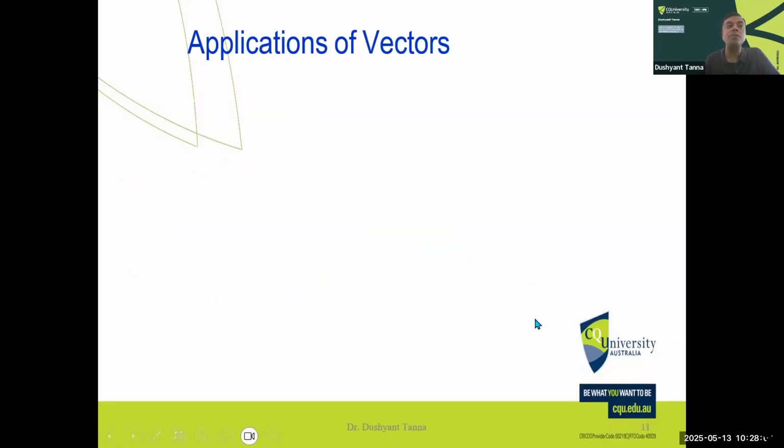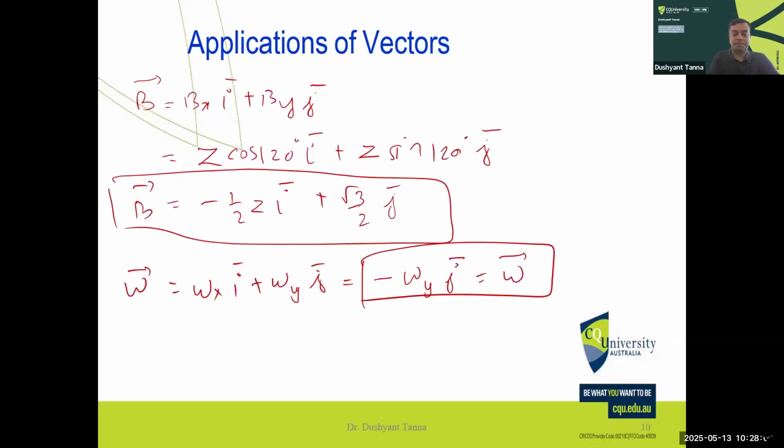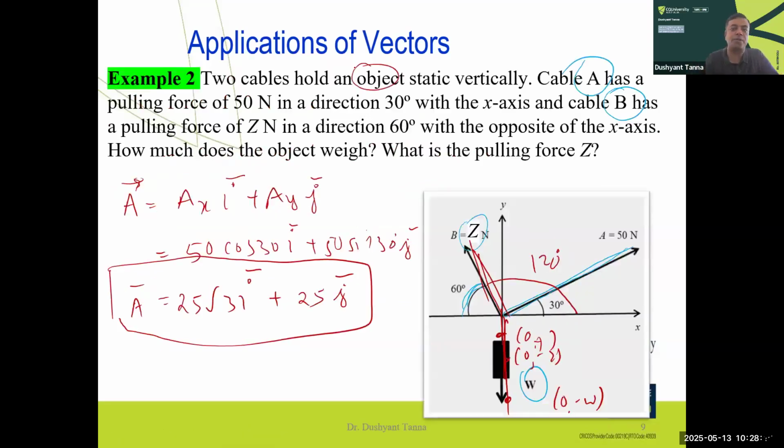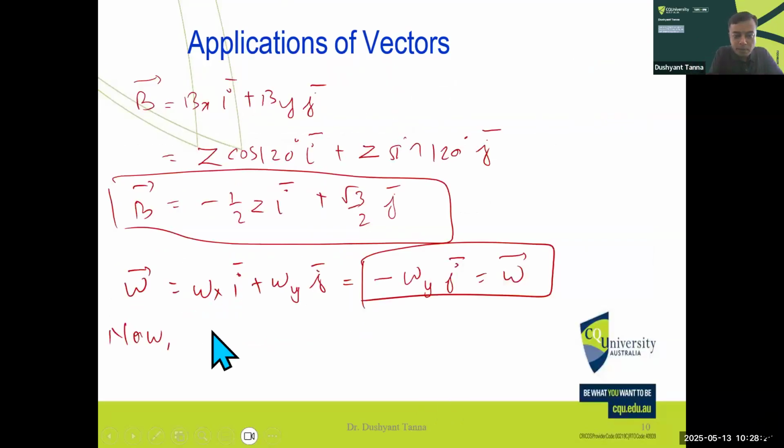Now, sum of all the forces has to be 0. Why? Because the block or the particle or the object in our situation is static. So, sigma, all Fi is 0. That is the force from this A, rope A or point A, B, and the weight W, they all have to be 0.